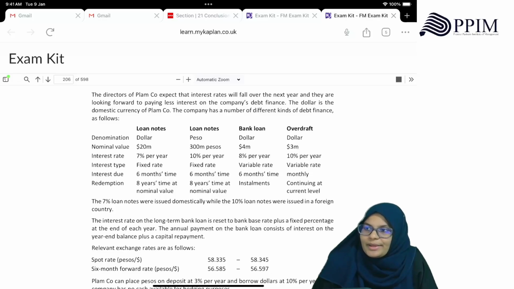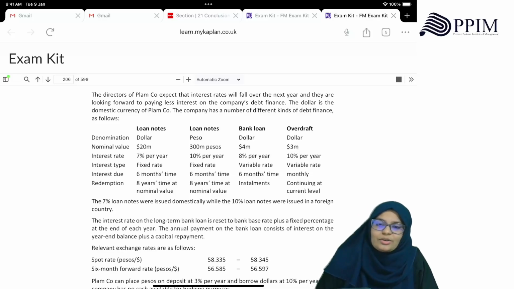Now this will be a benefit only if they have variable rate interest loans. If they had loans where they have to pay a fixed rate, whether the interest rate is falling or rising is not going to impact the interest. They will have to pay a fixed percentage, right? So if they want to benefit from the fact that interest is actually dropping, they need to have variable rate loans. Okay, so keep that in mind.